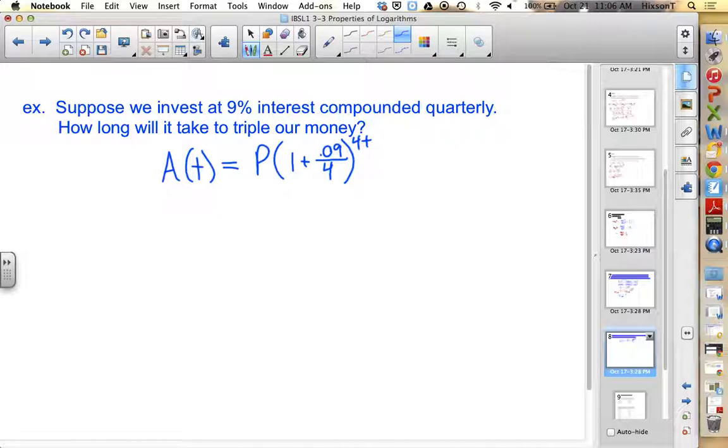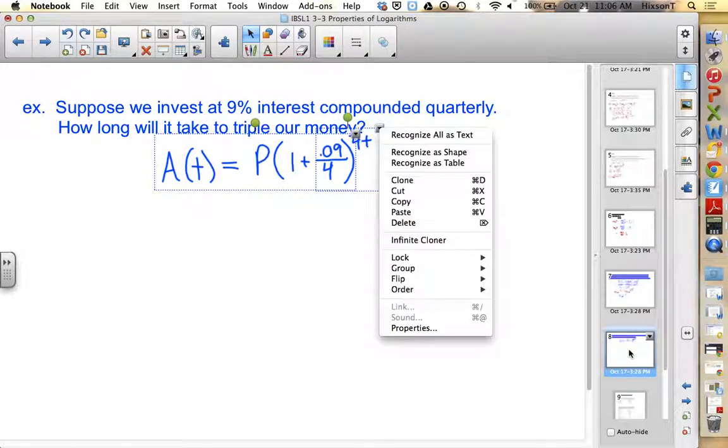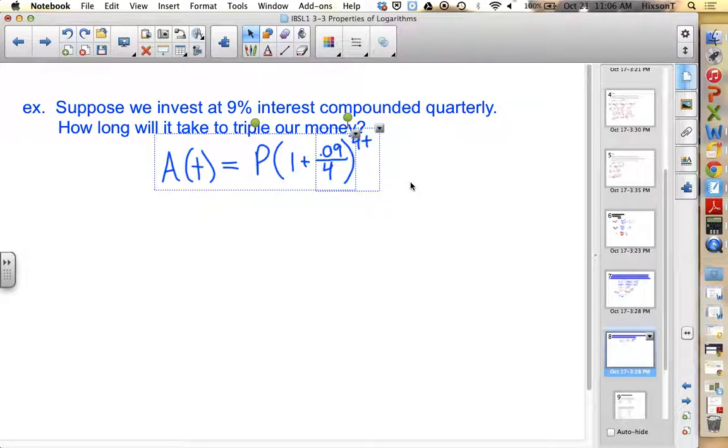And you guys are right, we can plug in whatever we want for the original principal and just make sure that we set it equal to something triple that. If I start with $0, my target is $0, so remember that the principal cannot be 0.